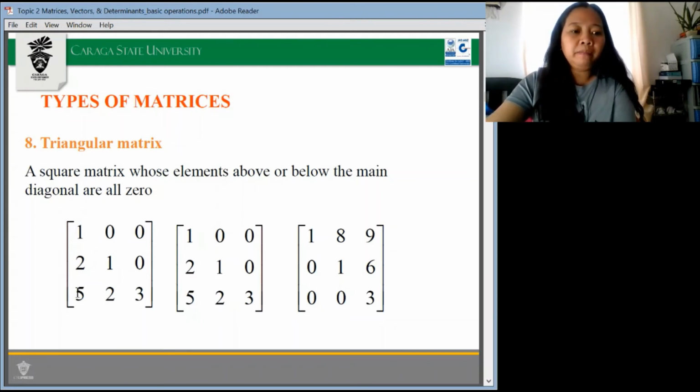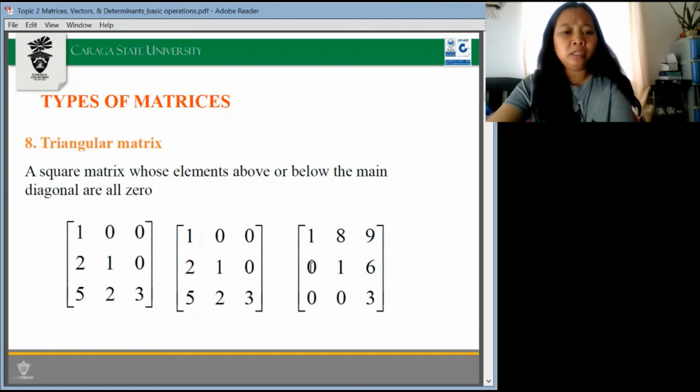This one is a lower triangular matrix where the elements above the main diagonal, this one, are all 0. And this is also a lower triangular matrix. And this is an upper triangular matrix where the elements below the main diagonal are all 0.